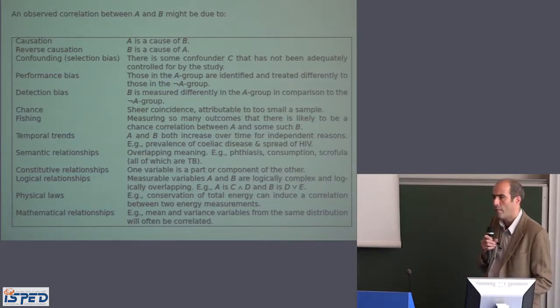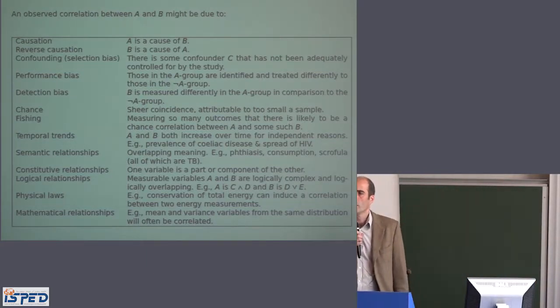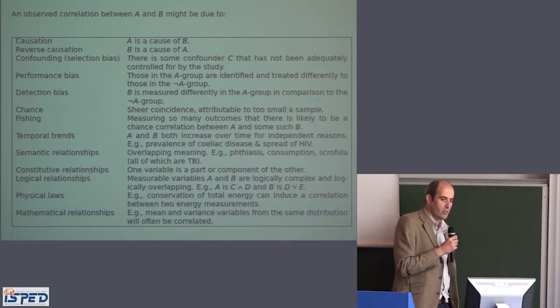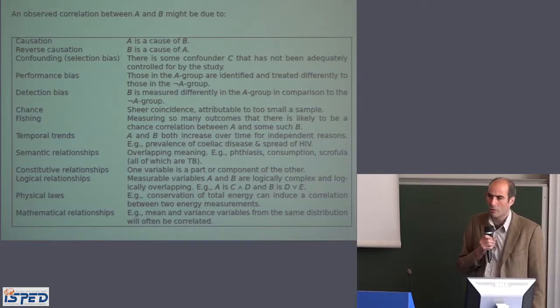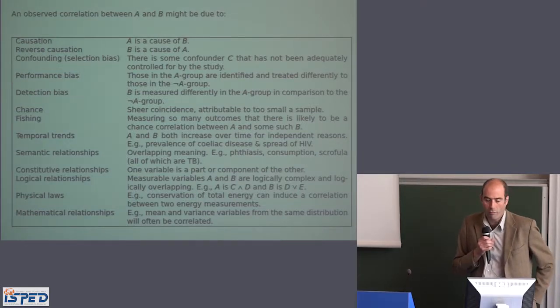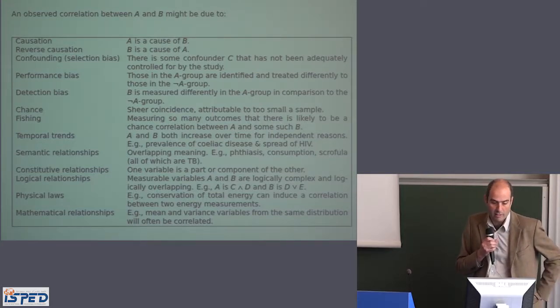And then you have a variety of non-causal connections between variables that can give rise to associations. One of these is semantic relationships, so variables with overlapping meaning are going to be associated normally. Constitutive relationships: if one variable constitutes a part of another, that is going to give rise to correlations.